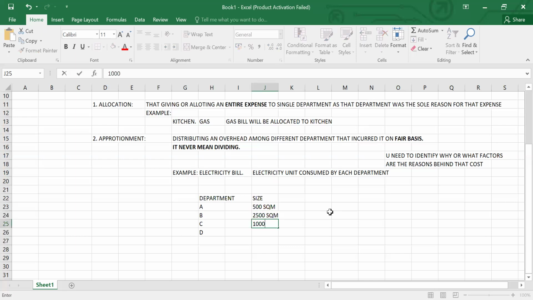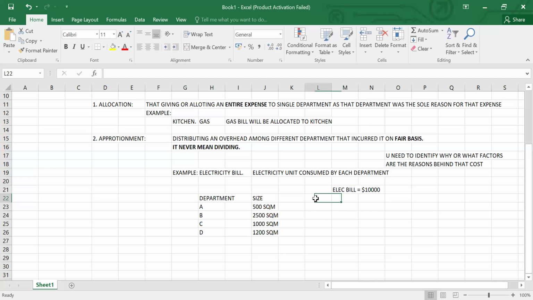Department C is the normal one, 1,000 square meters. And Department D is also normal, at 1,200 square meters. I hope you are catching me. Now, the monthly electricity bill that they got that month was $10,000.